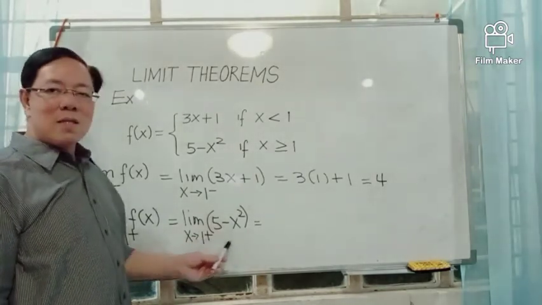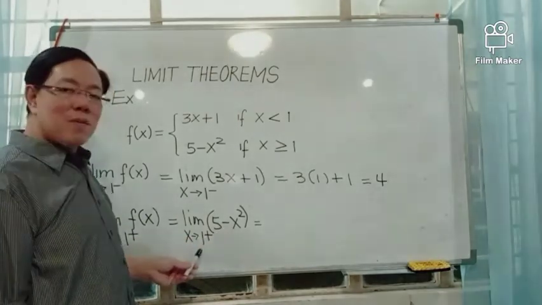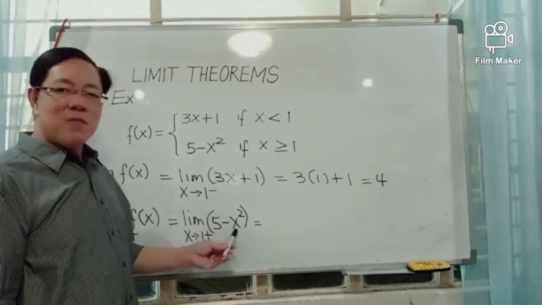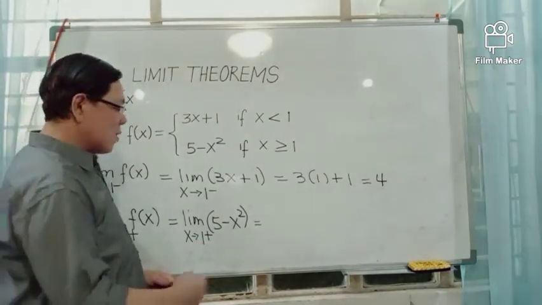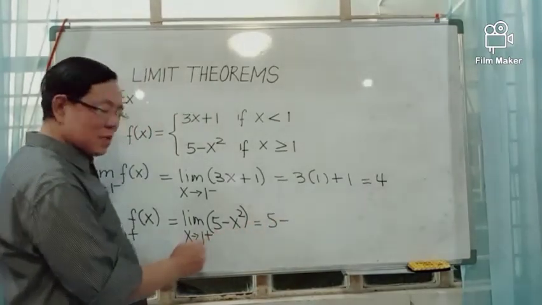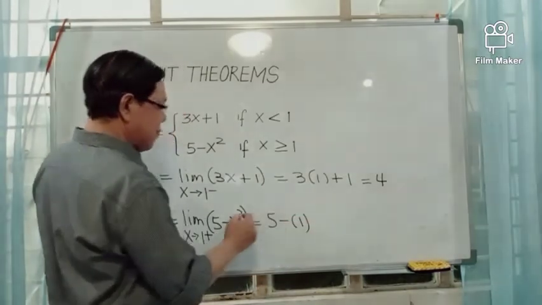And we find the limit of this quadratic function as x approaches 1 from the right. And to evaluate this limit, just replace x with positive 1, or substitute positive 1 for x. And we get 5 minus 1 to the power 2.